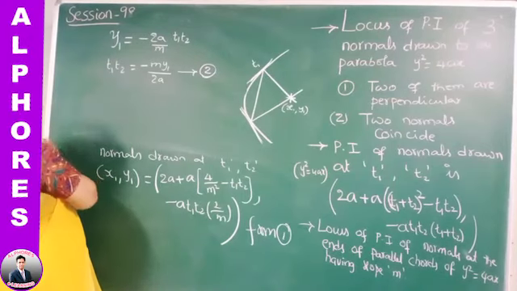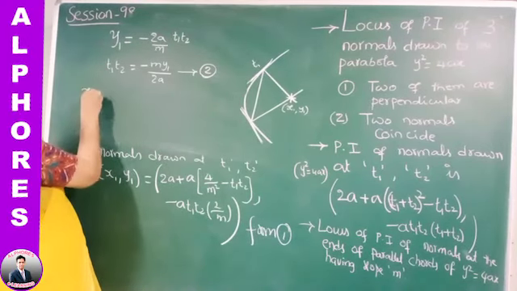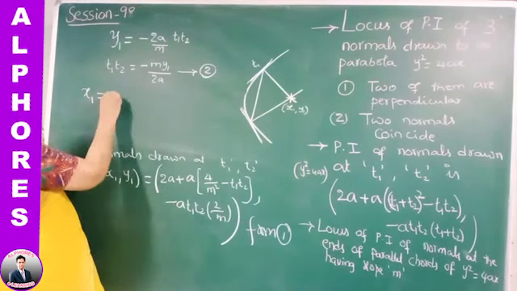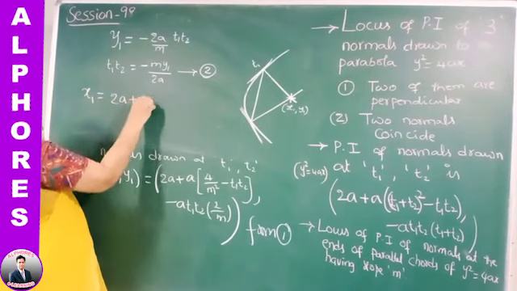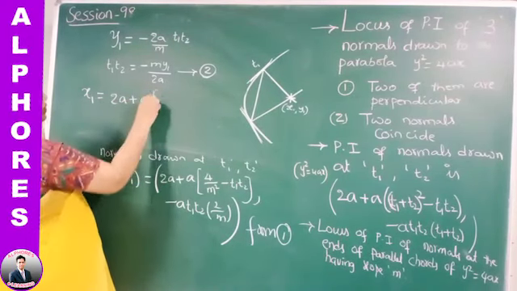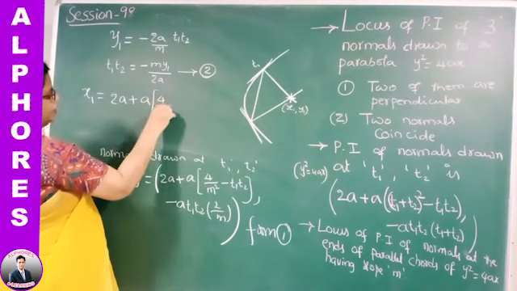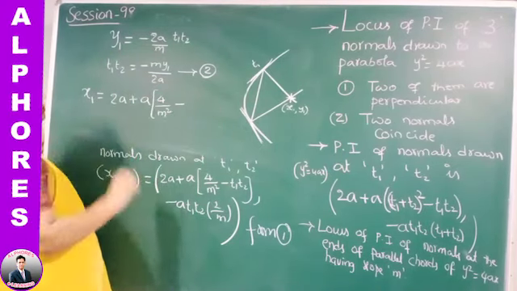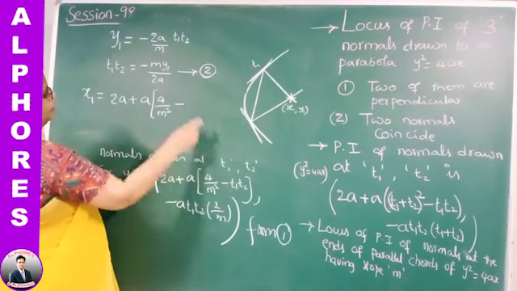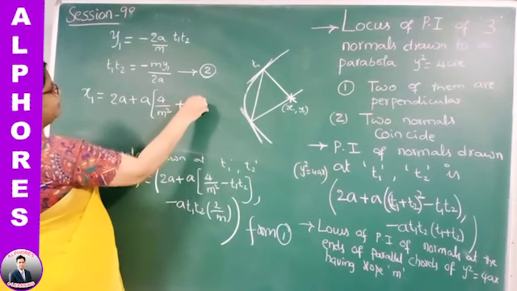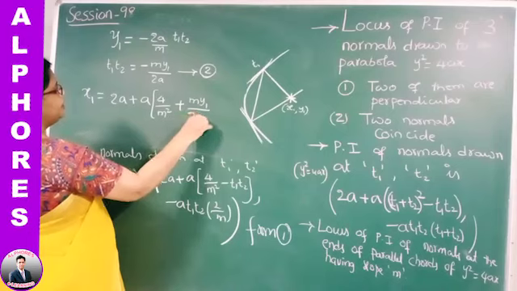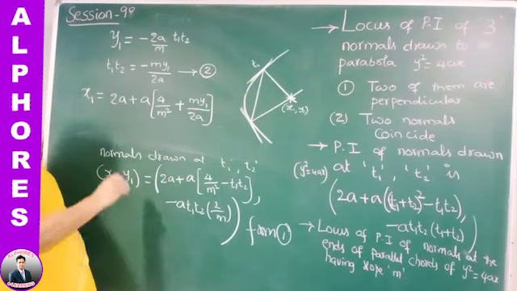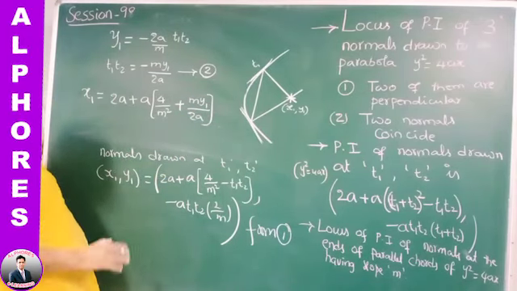The abscissa is x1 is equal to 2a plus a into 4 by m square, we already have this value, minus T1 T2. I am substituting this value. Already minus is there, so plus m y1 divided by 2a. So if we do the simplification, this is our locus.